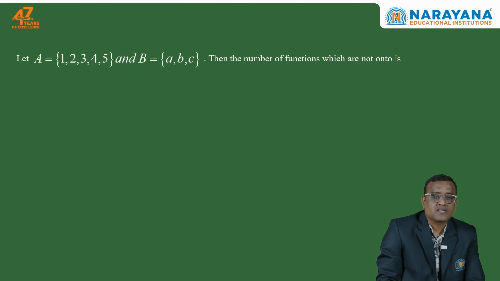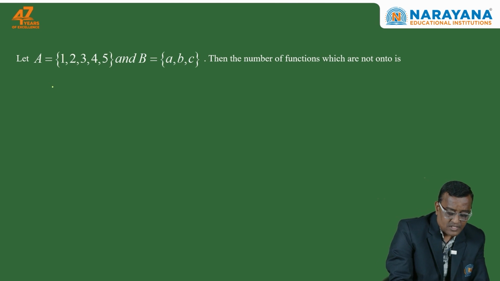Given A containing 5 elements 1, 2, 3, 4, 5 and B a set containing 3 elements a, b, c, we want the number of functions which are not onto. It's a direct formula based question.